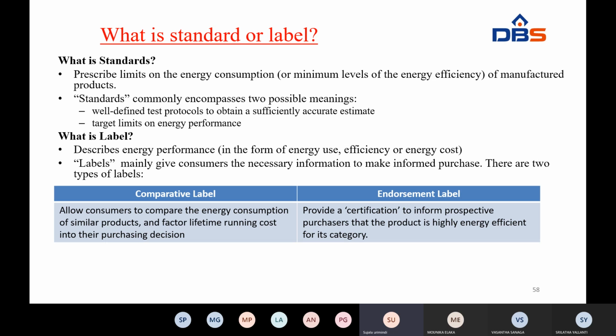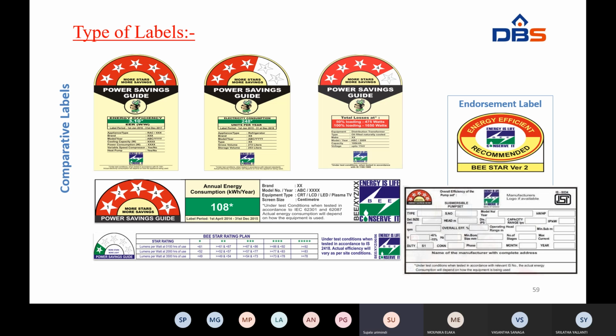Energy standard means it prescribes the limits of energy consumption of manufactured products. This commonly means well-defined protocols to obtain a sufficiently accurate estimate and target limits on energy performance. And labeling describes energy. Suppose in your refrigerator there is a power saving guide, some labels.